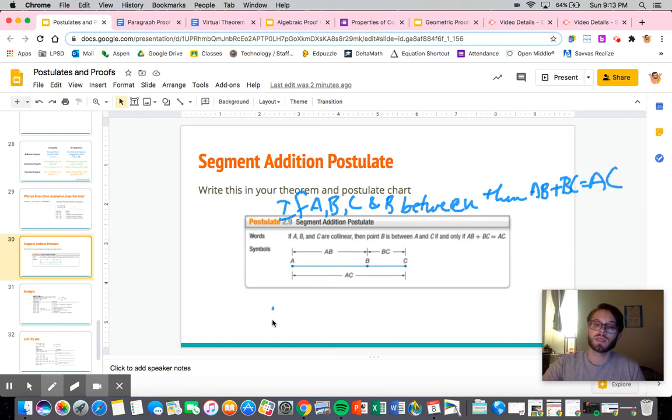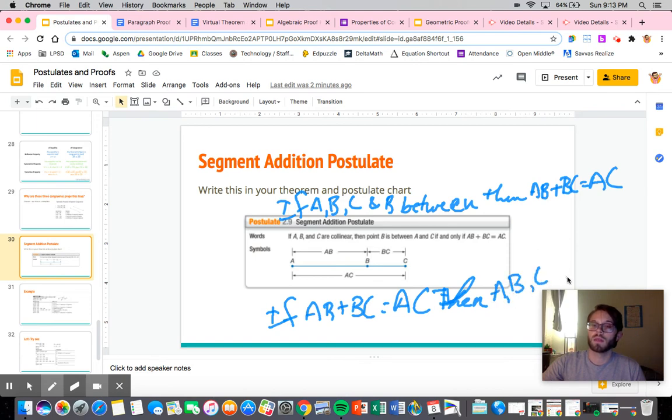And it also means the other way: if AB plus BC equals AC, then A, B, and C are collinear and B is between.